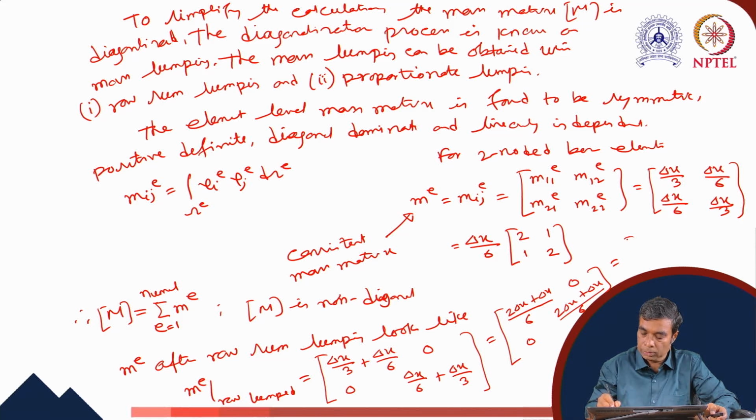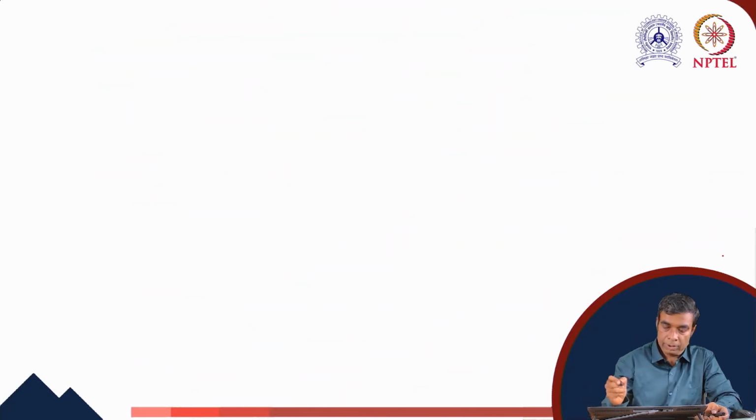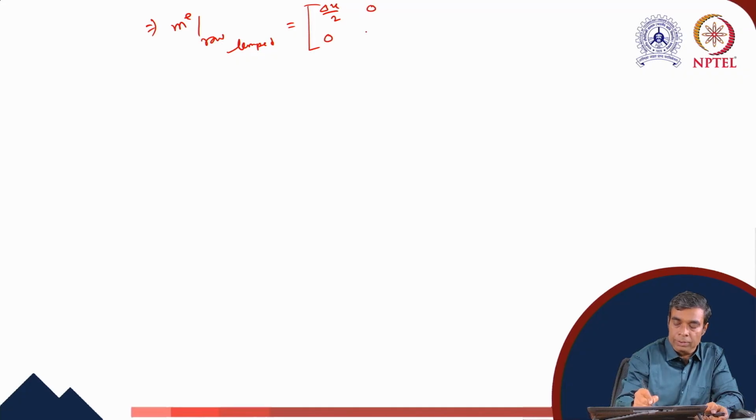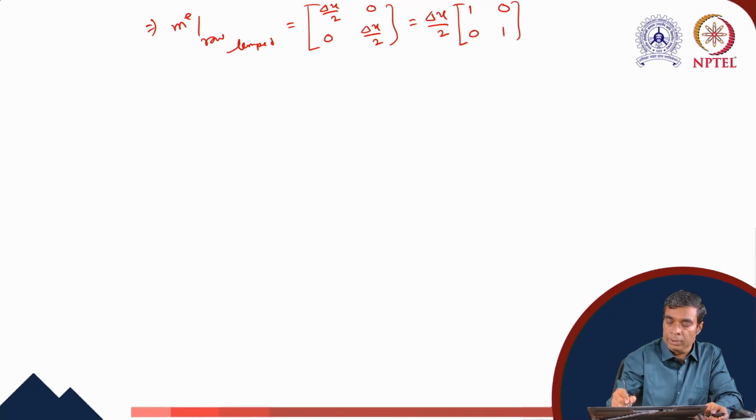This is equals to 3 delta x by 6, 0, 0, 3 delta x by 6. So this gives us Me row lumped equals to delta x by 2, 0, 0, delta x by 2 equals to delta x by 2 into 1, 0, 0, 1.